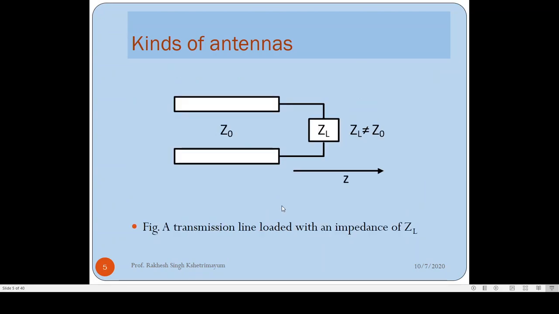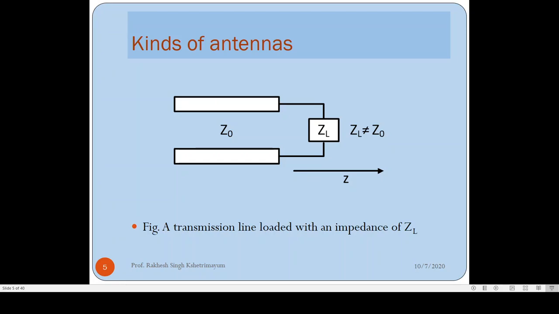Basically what we are considering is a transmission line with a load ZL, and this is the characteristic impedance Z0 of the transmission line. The load ZL is not equal to Z0. In that case, the signal incident on the load, after seeing this impedance mismatch, will be partly reflected back.